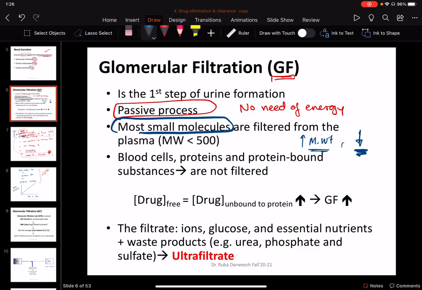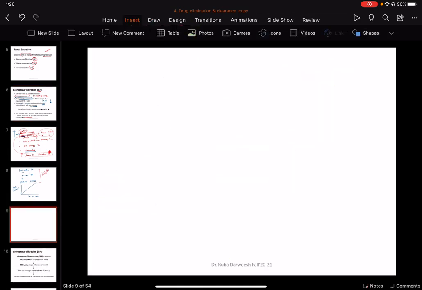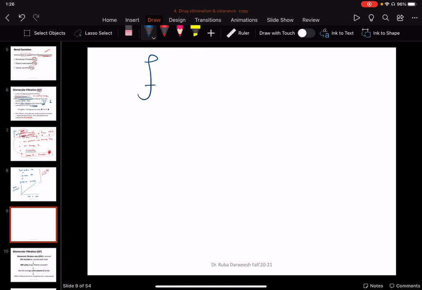The bound drug, or protein bound drug, either it's bound to blood cells or certain protein, will not go through filtration. And this is what I mentioned before, that the fraction of the bound drug will not go through glomerular filtration.